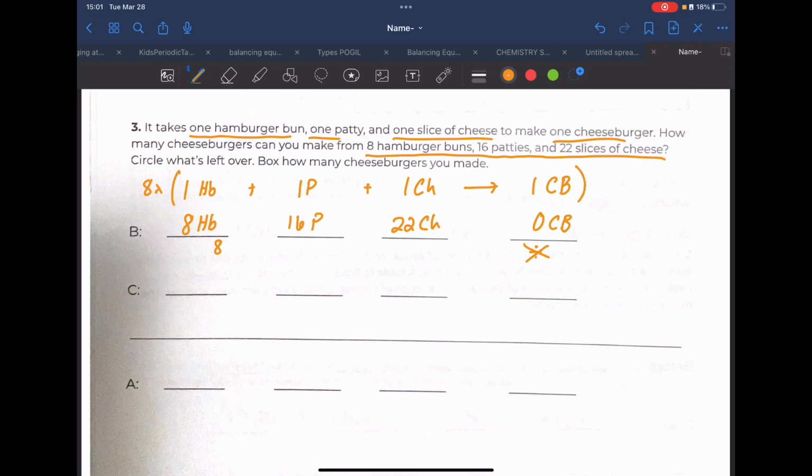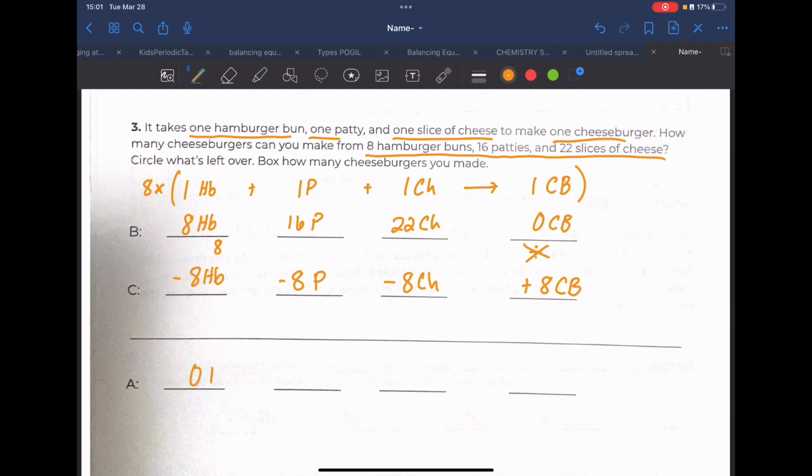in front of my chemical equation, and that's showing me that I'm going to make this recipe 8 times. So then that is 8 times 1 is 8 hamburger buns spent, 8 patties spent, 8 slices of cheese spent, and I'm making 8 cheeseburgers.